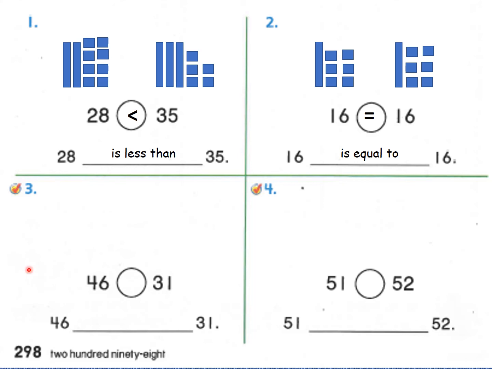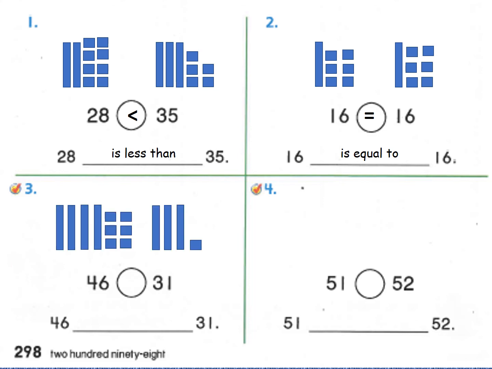Now I'm going to give you guys a couple seconds to look at question number 3. Go ahead and draw your quick picture, and then we'll take a look at the question together. Okay, your quick picture should look something like mine.